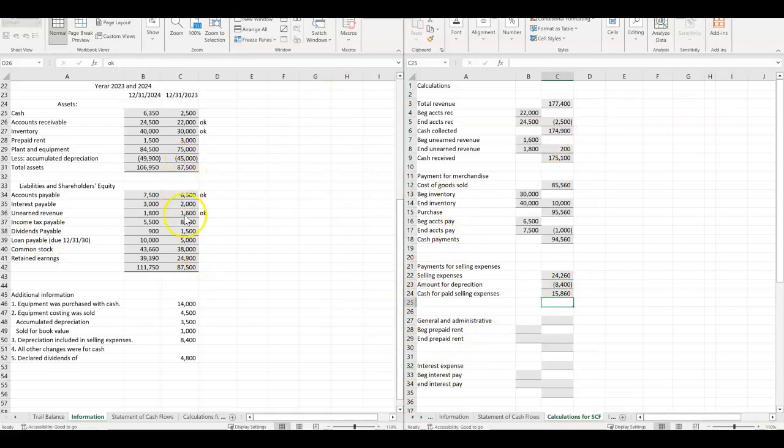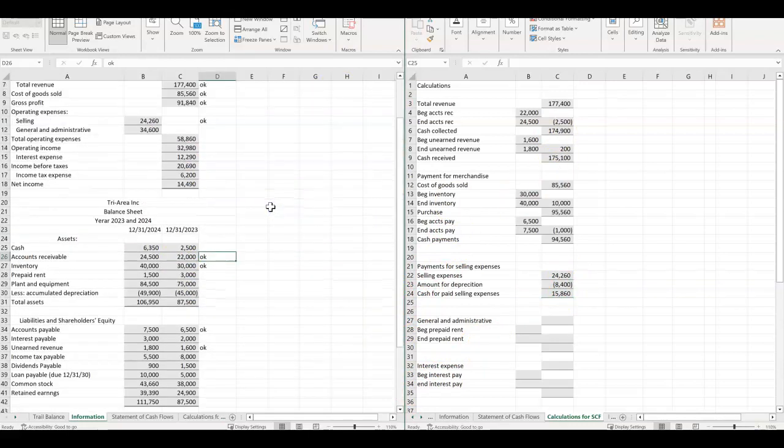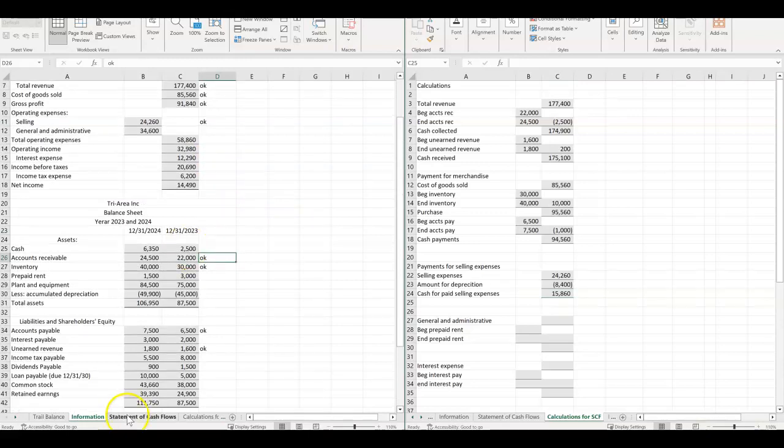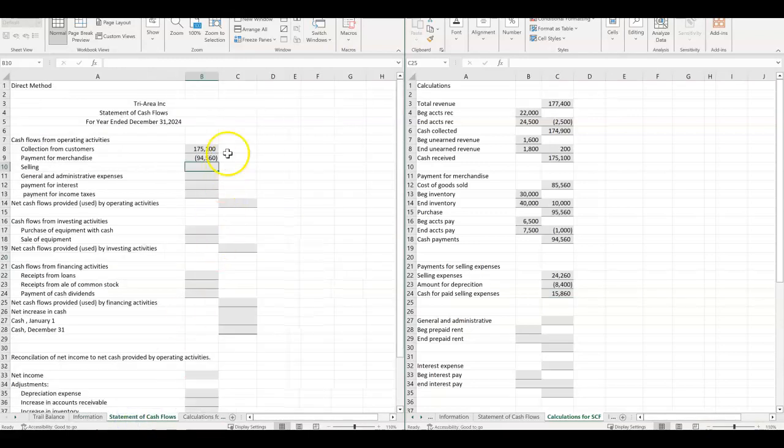Okay, so we have up here then, statement of cash flows, negative 15,860. There we go, negative 15,860.